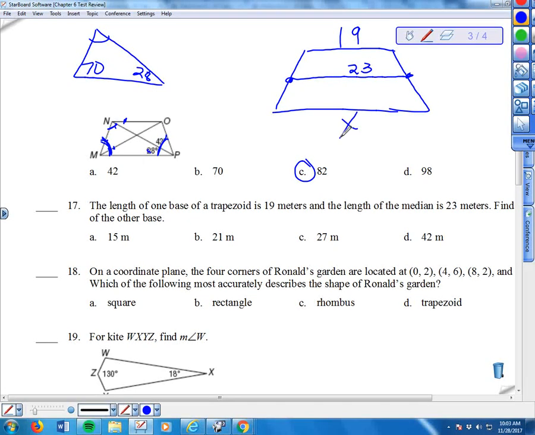The definition of median is x plus 19 over 2 equals 23. Multiply, I get x plus 19 equals 46. Subtract 19, what is that, 27? Good.